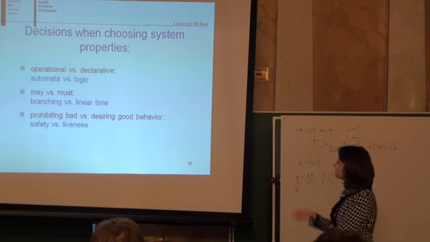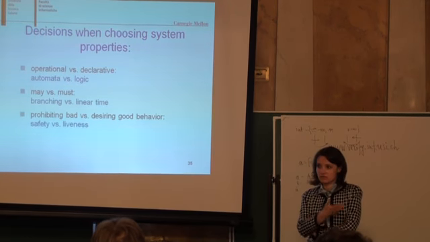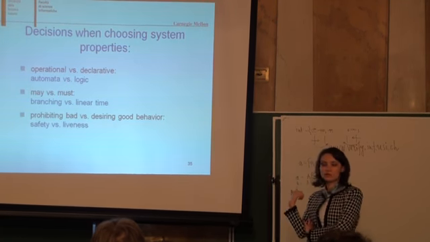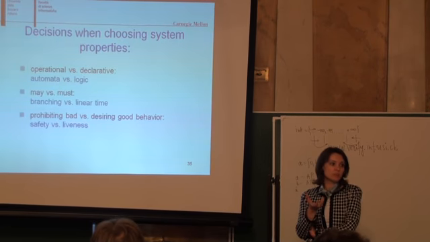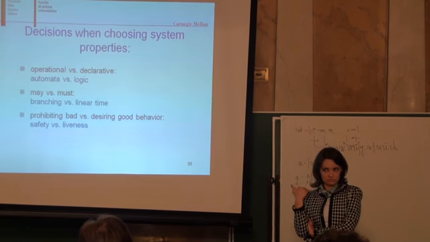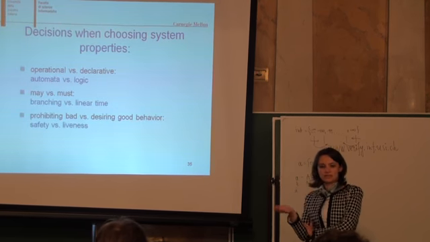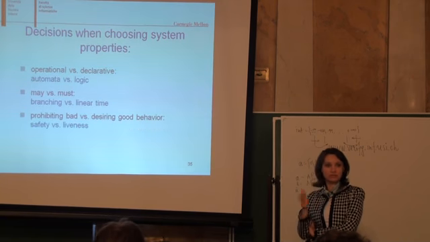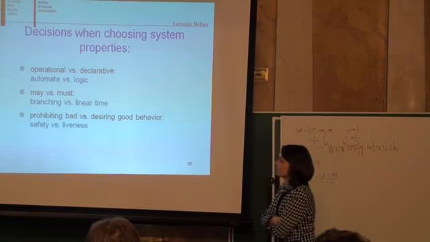If it's operational, possibly I would use automata to create the specification. This lock-unlock example I had before was an example of a property, when I was trying to check that lock is always alternated with unlock. Remember, that was an example, and I used an automaton to capture it.